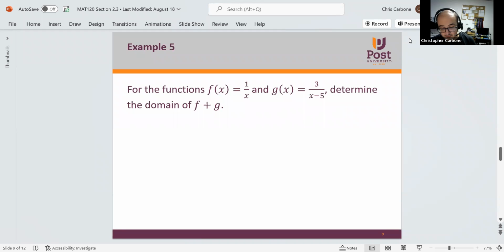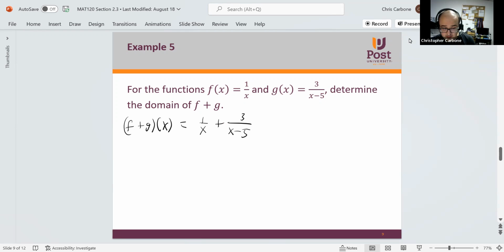So here's another example, example 5. Both the functions f of x is equal to 1 over x, and g of x would be 3 divided by x minus 5. We want the domain of f plus g, which means we first need to find that. F plus g of x is 1 over x plus 3 divided by x minus 5.